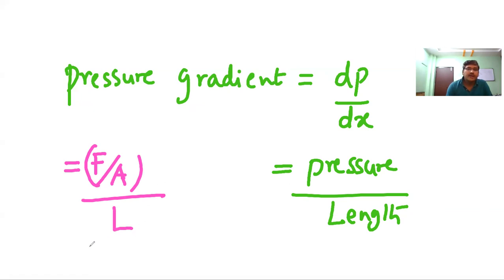If I take force by area, force is M L T to the power of -2, and area is L square.